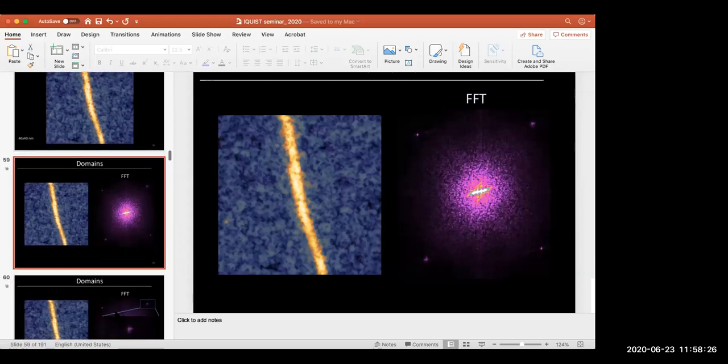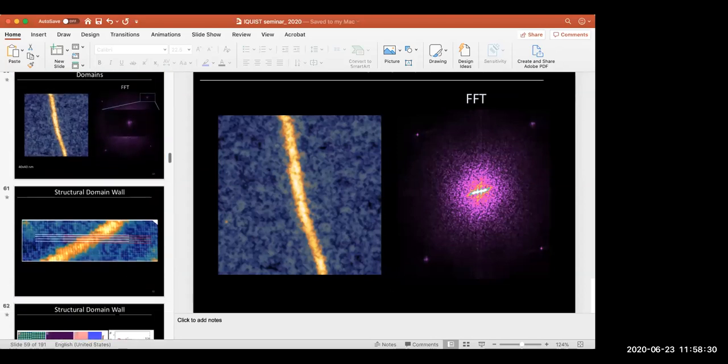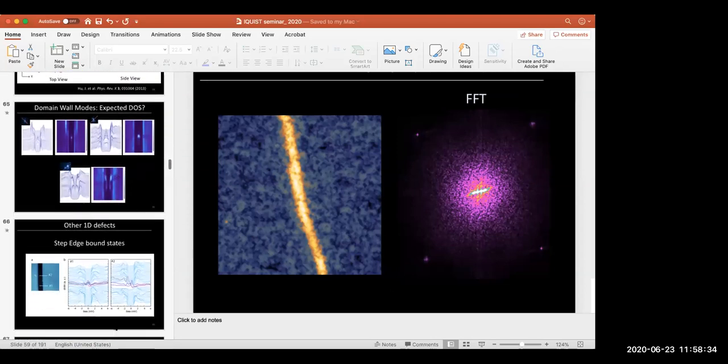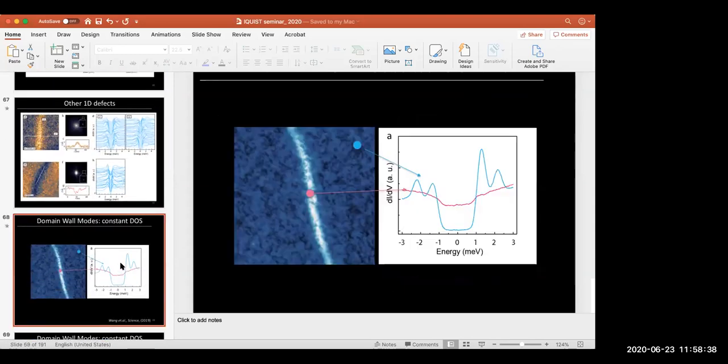It's an eternal discussion, and it came from the way these papers by Fu and Kane and others were written, but it leads to a lot of confusion. Okay. So one interesting thing I do want to mention here is that we did look at these kinds of domain walls when two domain walls meet at the end. And you see a zero bias bound state like you would expect, actually.